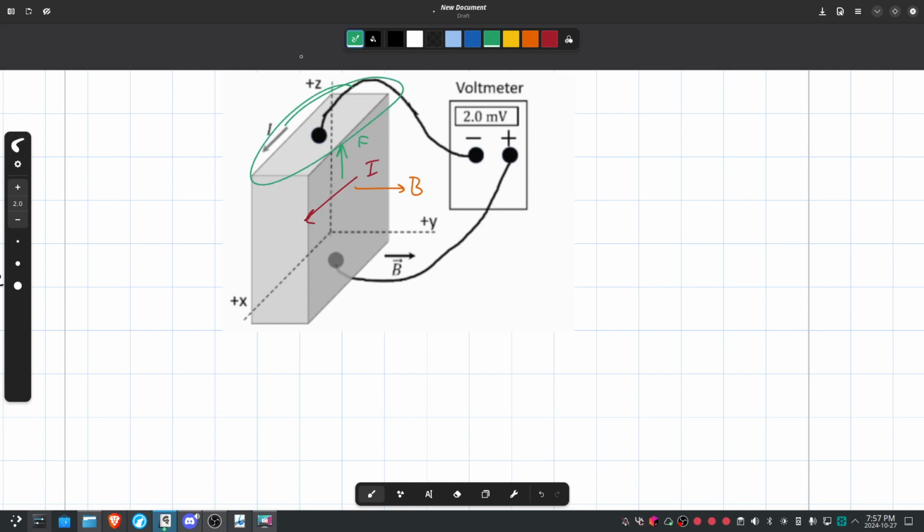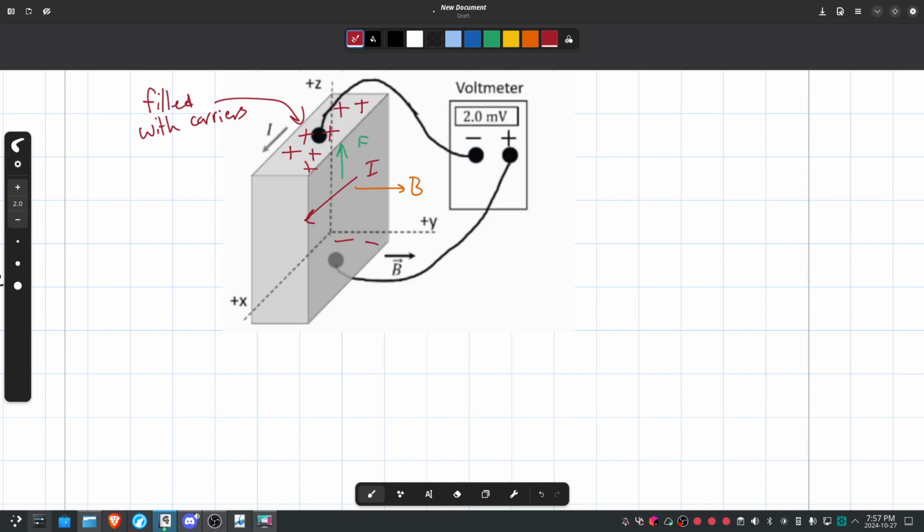So, naturally, this is going to be filled with the carriers. So what happens if, say, suppose that this is p-type? What would happen? All of this is going to be filled with positive carriers, right? And therefore, this is going to have a higher voltage than this area below.